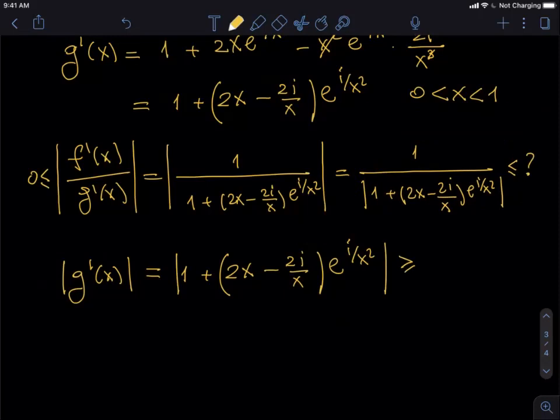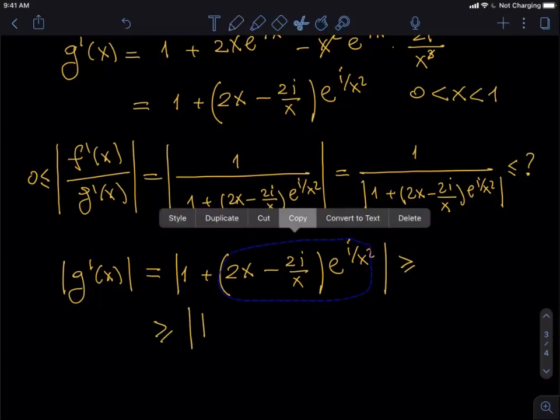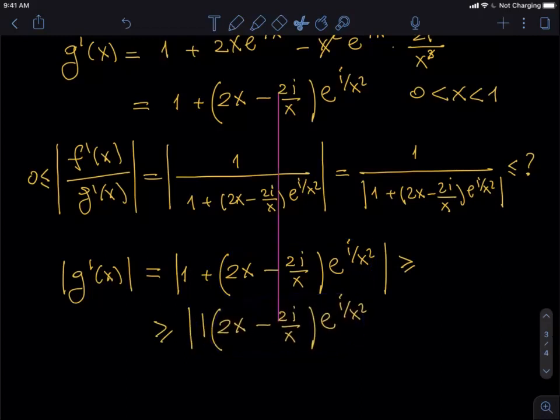And the prototype inequality, when you have a modulus and you want to estimate from below, is to estimate by the difference of the modulus of one of them minus the modulus of the other. Okay, but one is positive, so that's it.